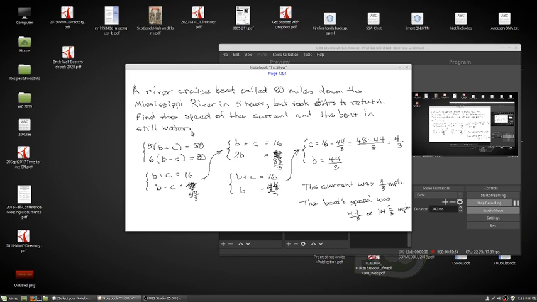Now, if any of you have had physics or maybe just a fancy word problem in a math course, when you're on water, or if you're in an airplane flying with the wind or against the wind, if you're going with it, you combine the two rates to get the effective rate of the boat with the current.